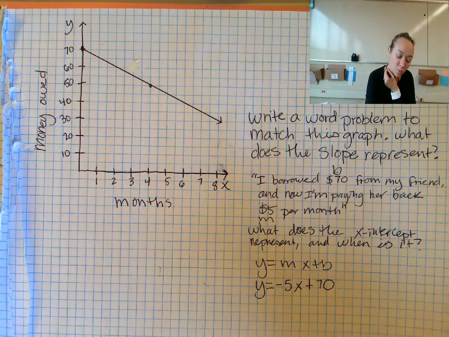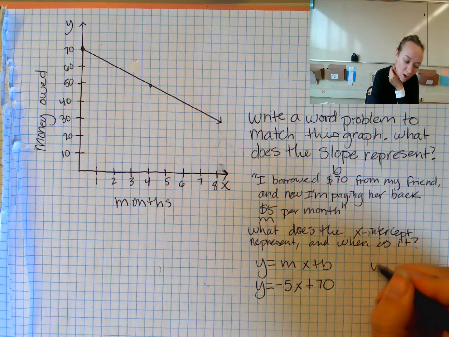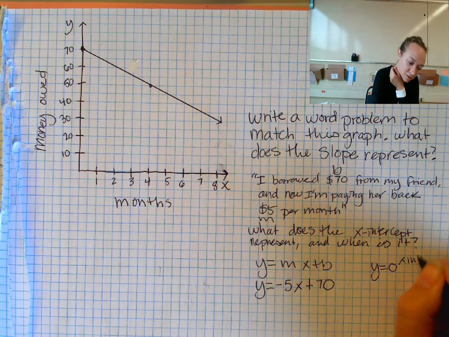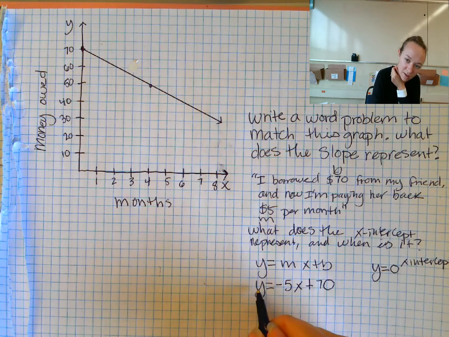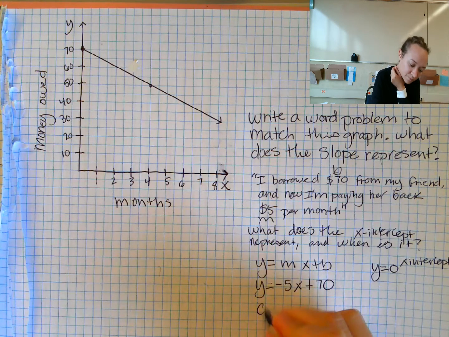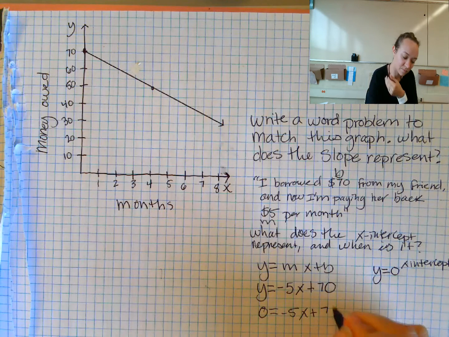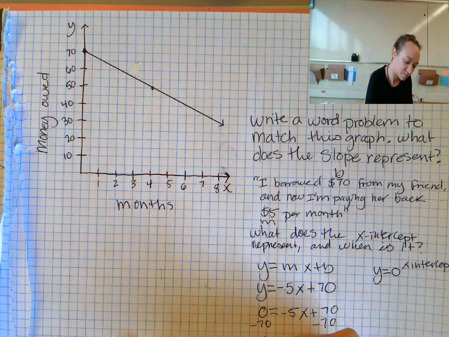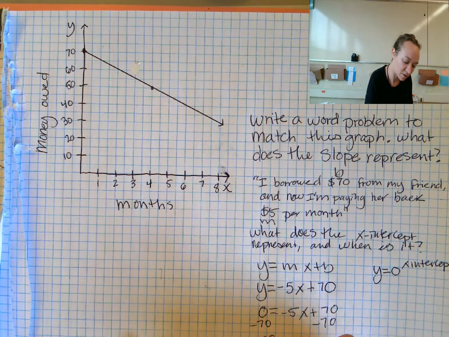And then they want to know when the x-intercept is. Well, that's going to be when y equals 0 is our x-intercept. So we're going to plug in 0 for y and solve. And divide by -5.